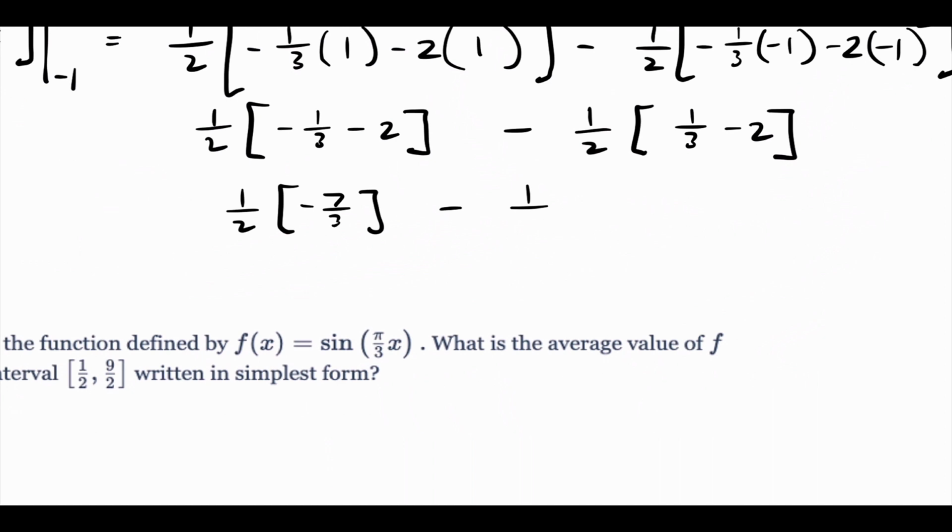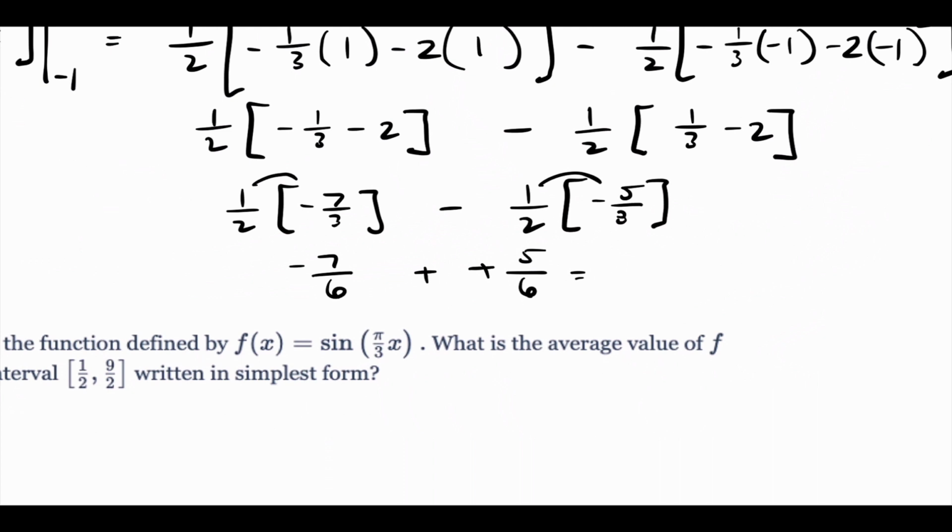And then 1/2 times negative 5/3. Distribute. So you get negative 2/6, which makes negative 1/3.